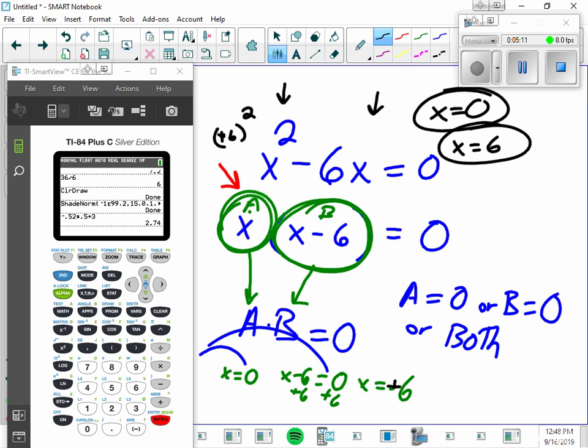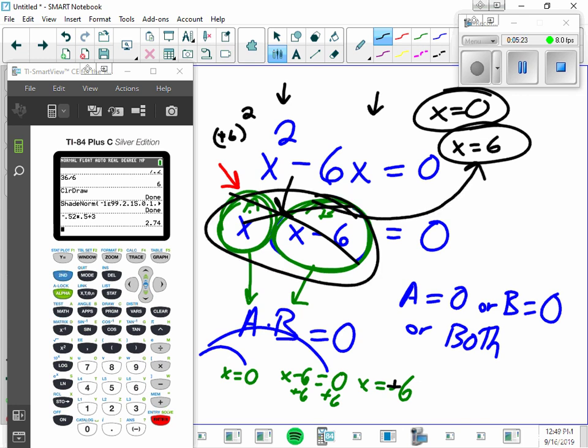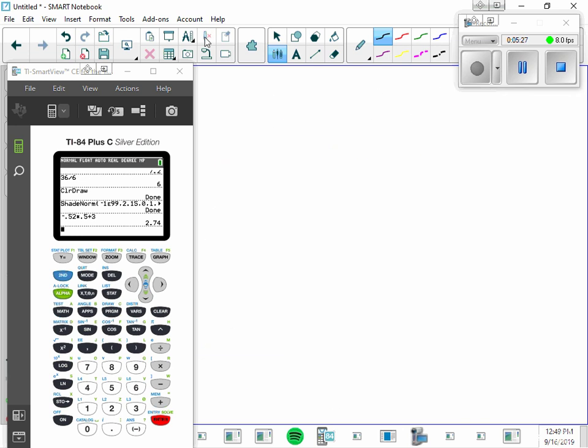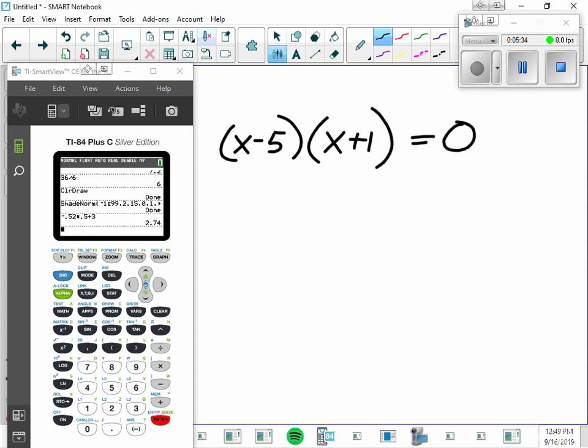Now, what you don't need to get today is this step here. All you need to understand is, how do I turn this into those? Okay, so let me show you another one. X minus 5 times x plus 1 equals 0. So basically, I have a times b equals 0. So either a is 0, or b is 0, or both.